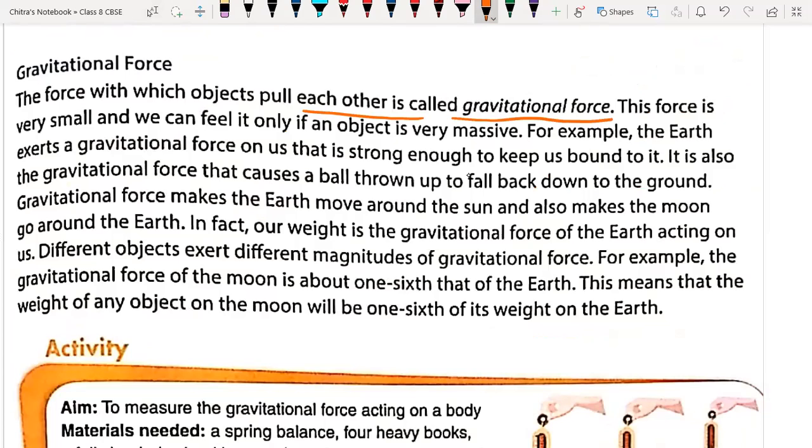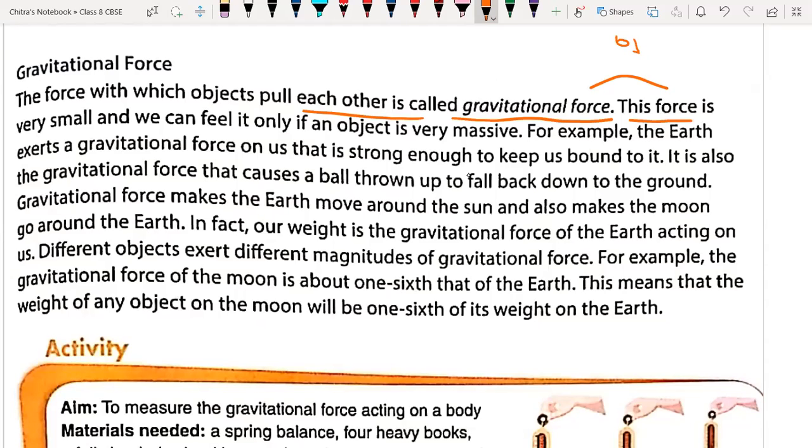There is no contact between the earth's surface and the object, but still they attract each other because of the gravitational force between them, which is nothing but a force of attraction. Any objects in the universe that have mass will attract each other. That force is called gravitational force.